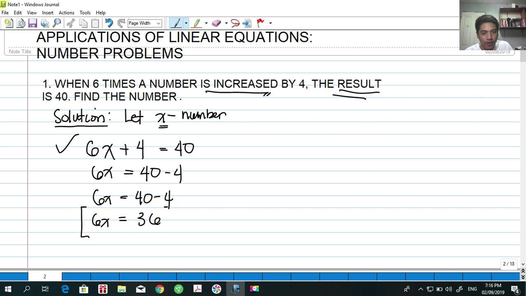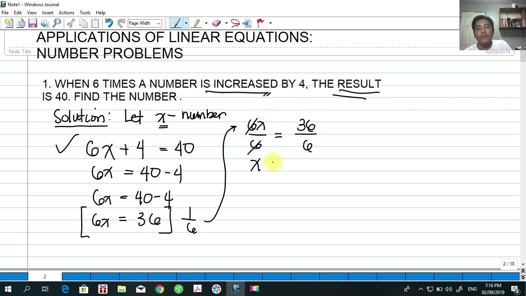If we multiply both sides by 1 over 6, or simply divide both sides by 6, we have 6x over 6 and 36 over 6. This would cancel, giving you x, and 36 divided by 6 is simply 6. So that is our number.